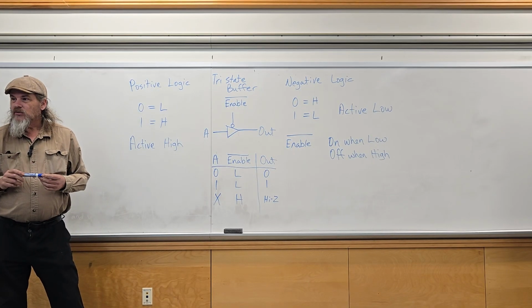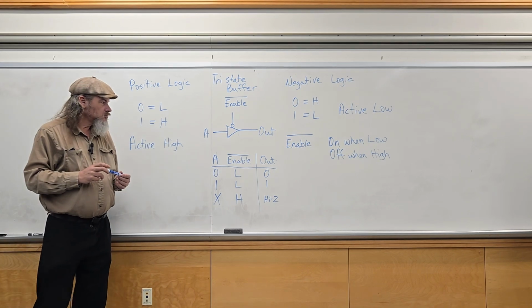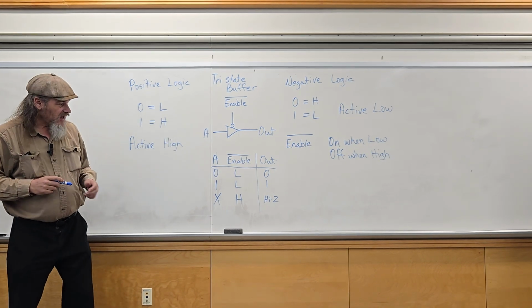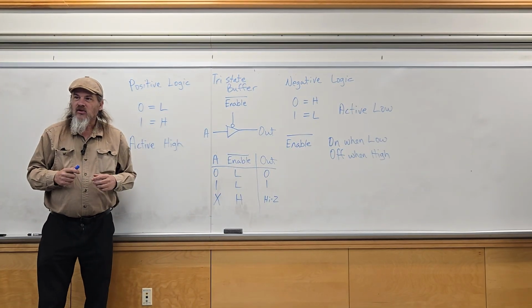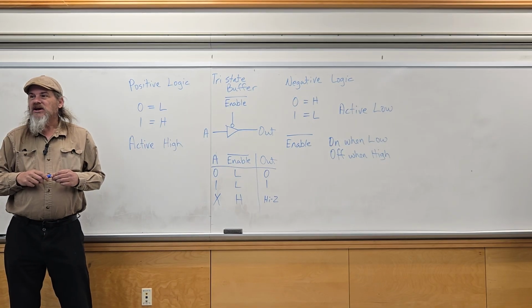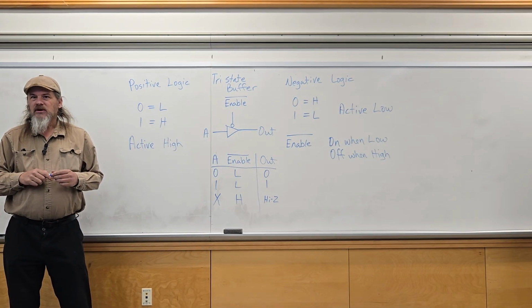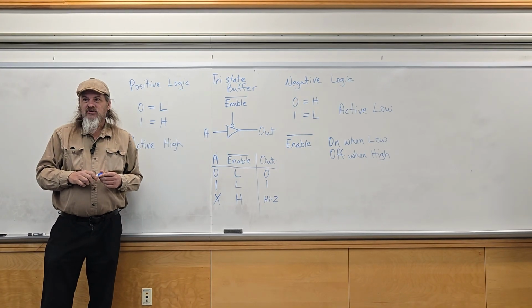So it will not read high or low. And that third state is why it's called a state table as opposed to a truth table. A truth table only has true and false. Truth tables are used in philosophy and math classes, not in engineering classes.